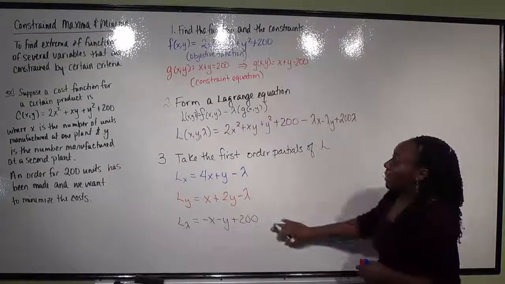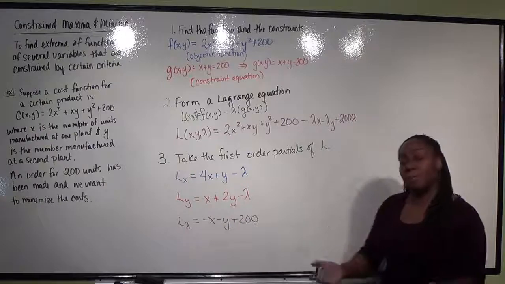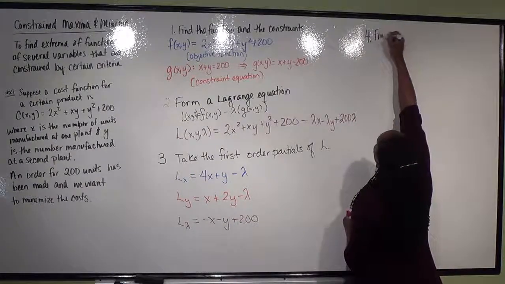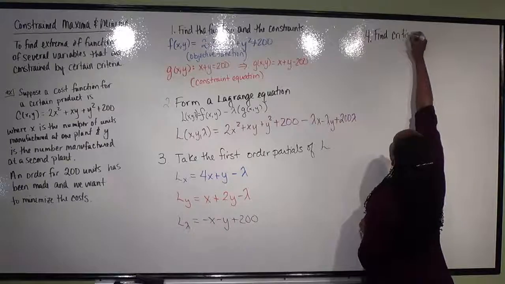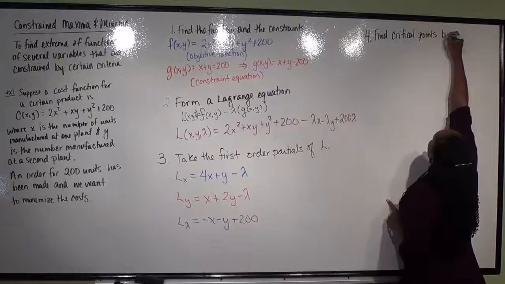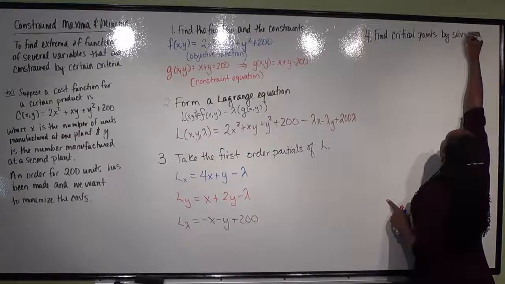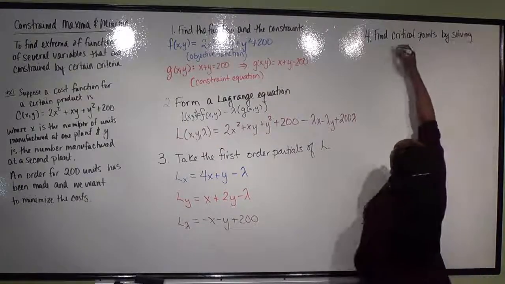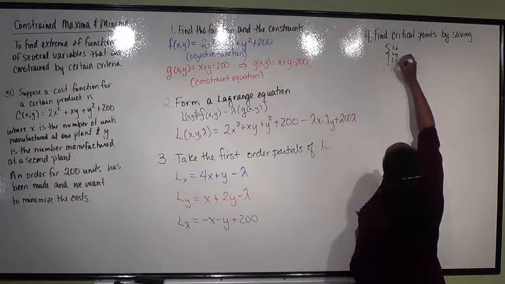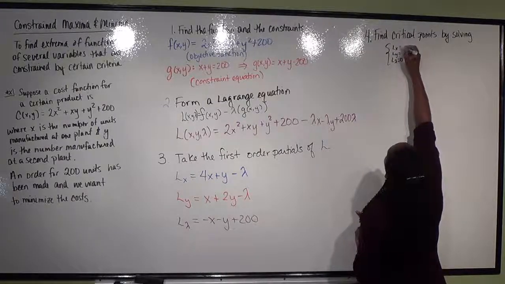So now I just need to take these first order partials and find my critical points, by solving Lx, Ly, L lambda, all equal to 0.